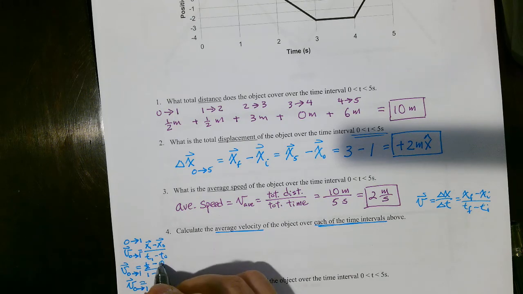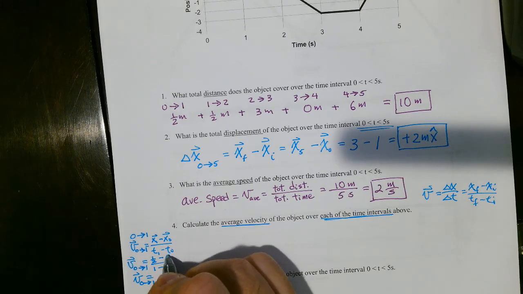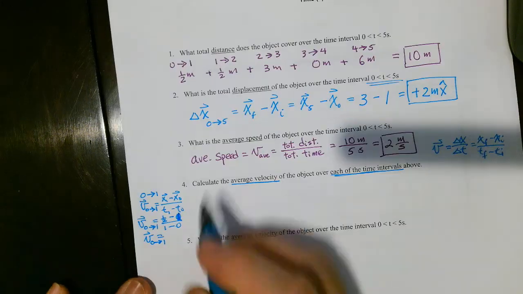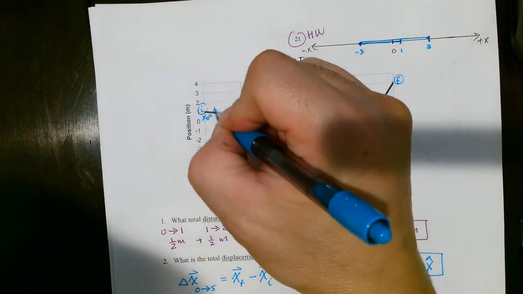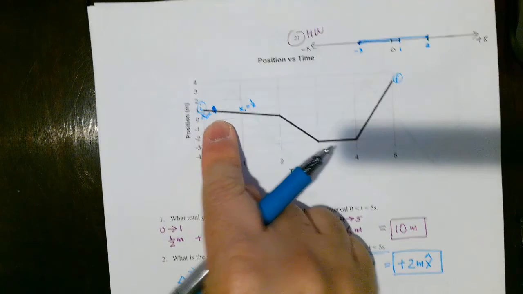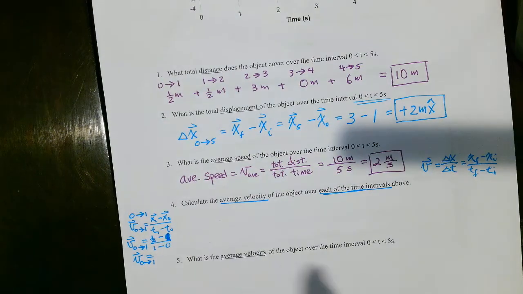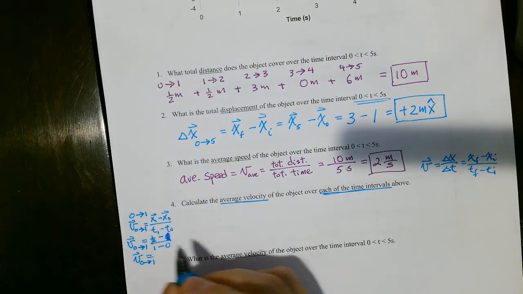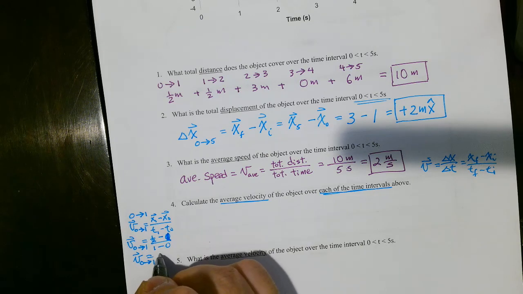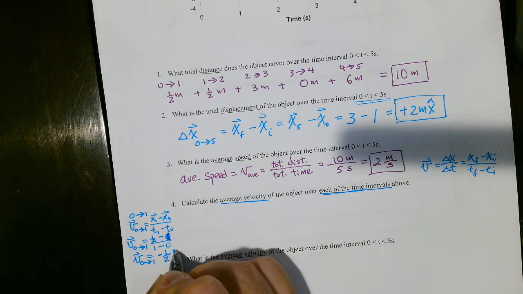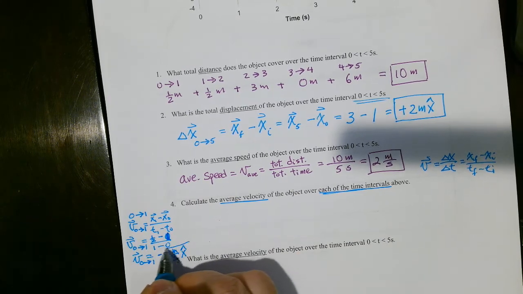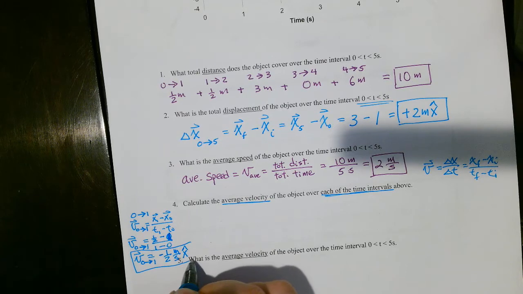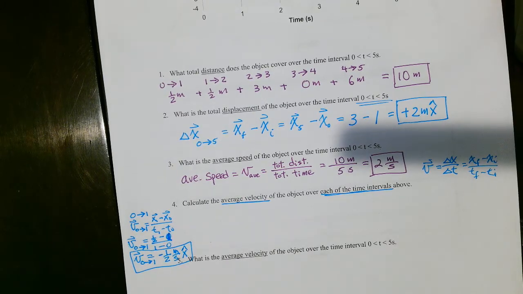I'm sorry, this should be 1, not 0. I knew something was messed up. That should be 1. So here I get 1/2 minus 1, and I get negative 1/2 meters per second x hat as my velocity from 0 to 1.